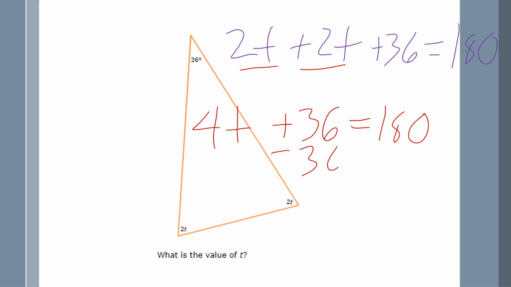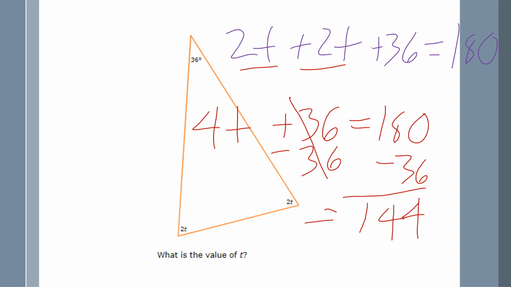Subtract 36 from that, which is 144, divided by 4 on both sides.